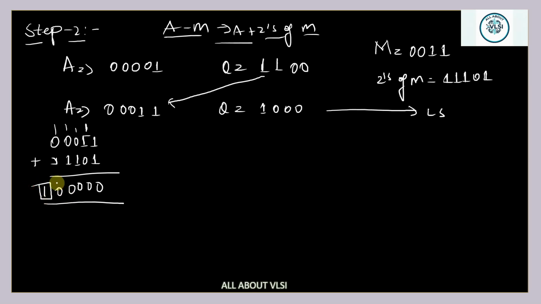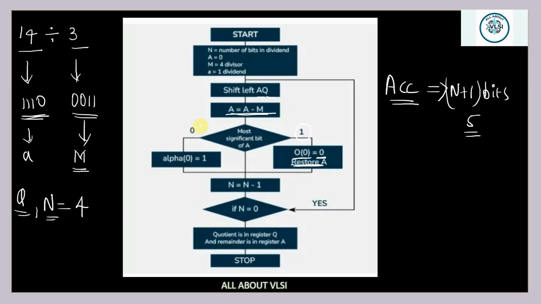That means this is your final result, which is a positive result. Since you have got a positive result, that means you can keep it. If the most significant bit of your A is equal to 0, that means you can make your quotient LSB 1.